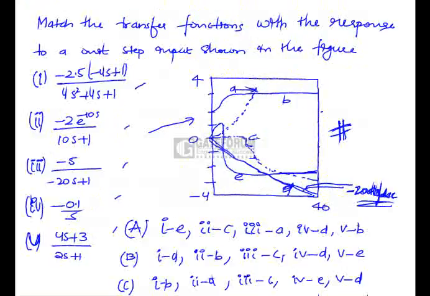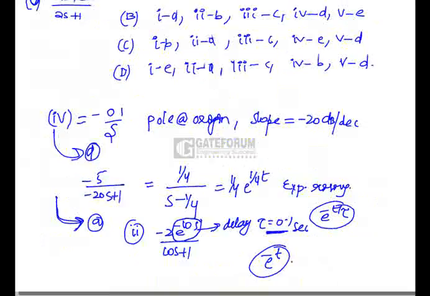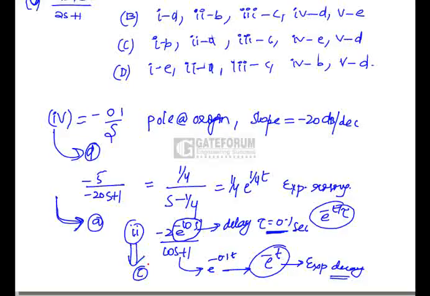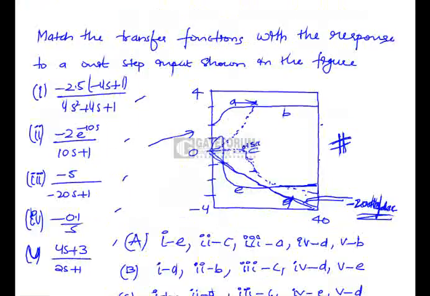You can see here the delay we have is up to 0.1 seconds. After 0.1 seconds, this characteristic is decaying. What about the e power minus t characteristic? This is exponentially decaying, e power minus 0.1 t. So transfer function 2 is characteristic C.